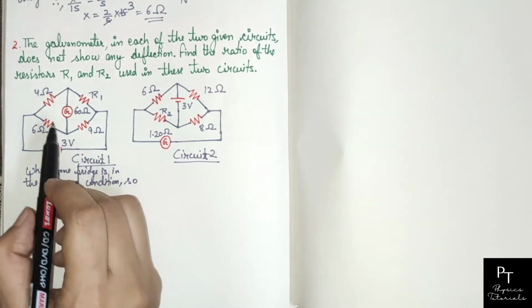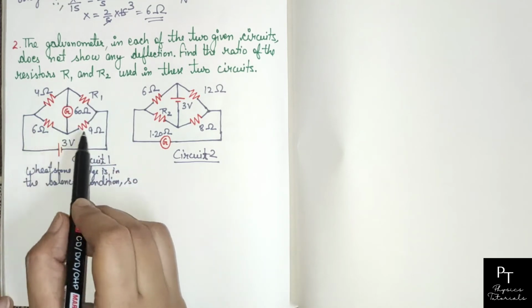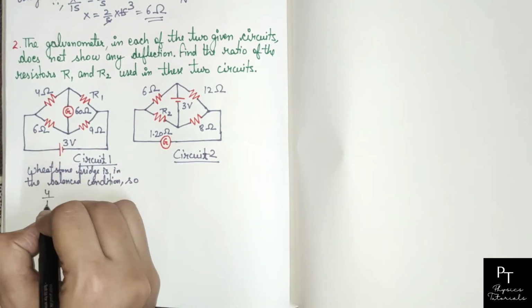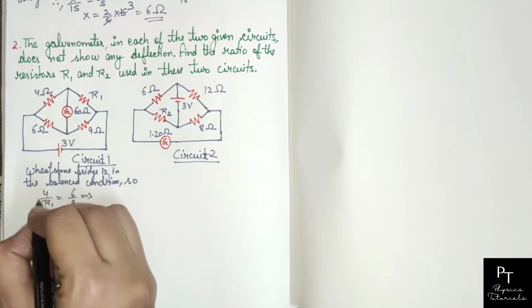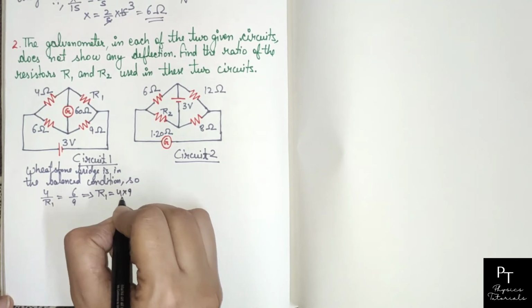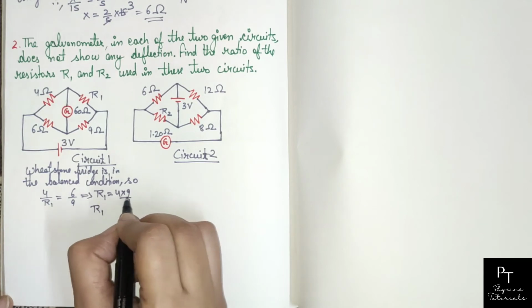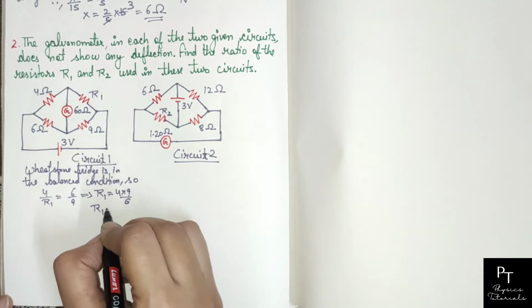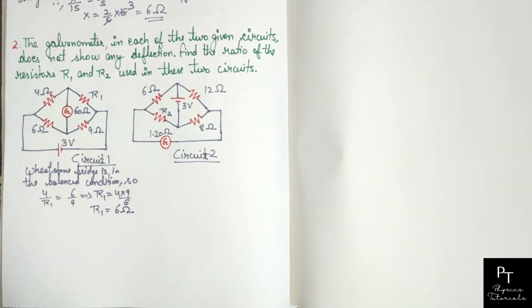So we can write 4 by R1 will be equals to 6 by 9. So from here R1 will be equals to 4 into 9 by 6. So after simplification we will get R1 equals to 6 ohms.